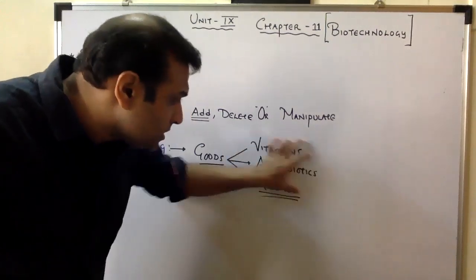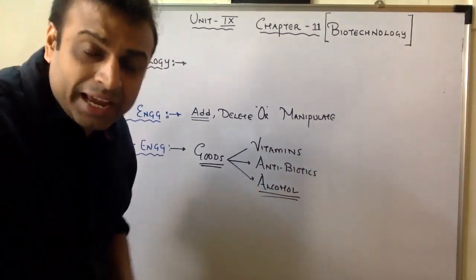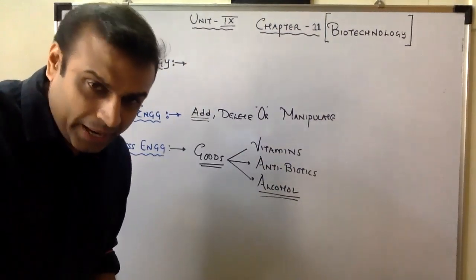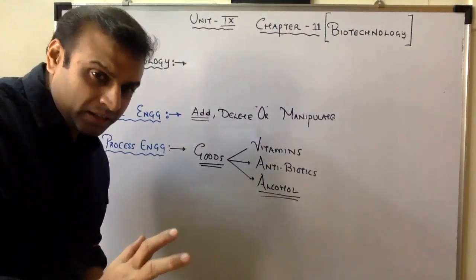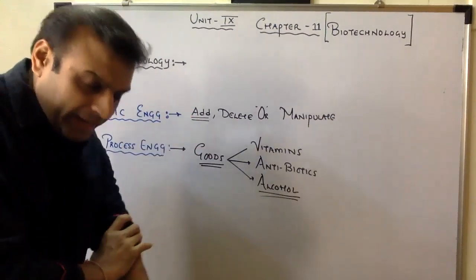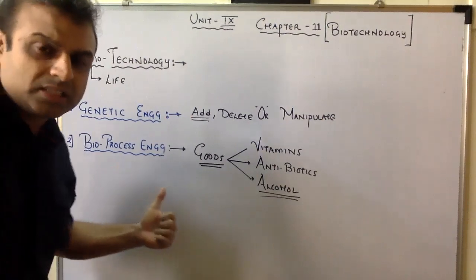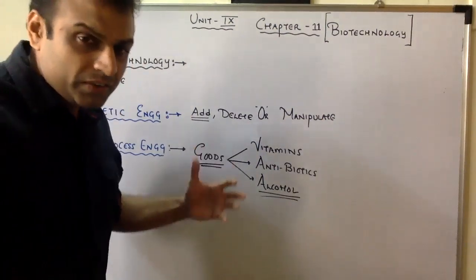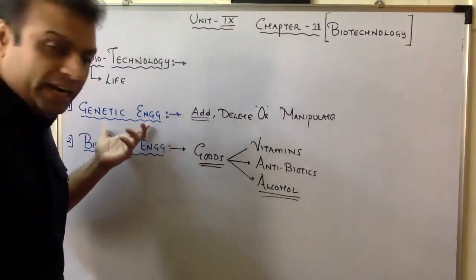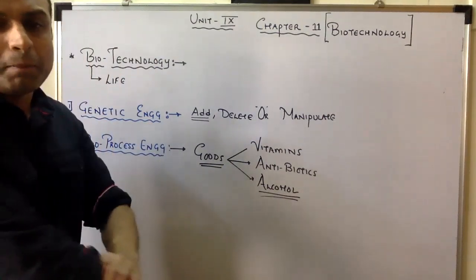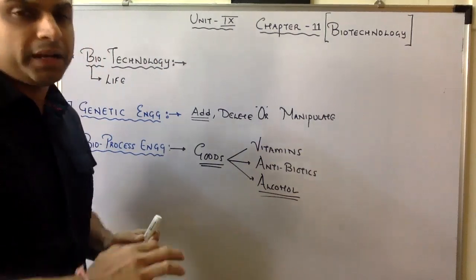So all these products can be obtained from microorganisms, okay, and these microorganisms are processed, right, and the field is now called bioprocess engineering. Okay, we will be dealing in detail with genetic engineering, and we will be having a brief discussion about bioprocess engineering in this particular chapter.